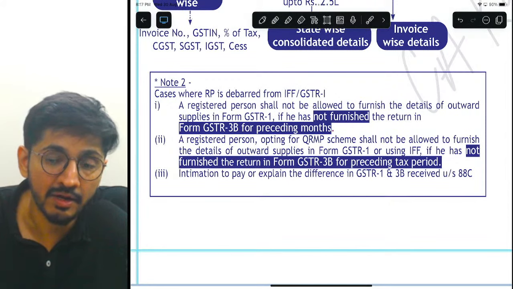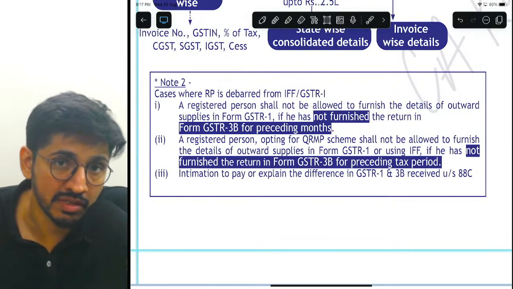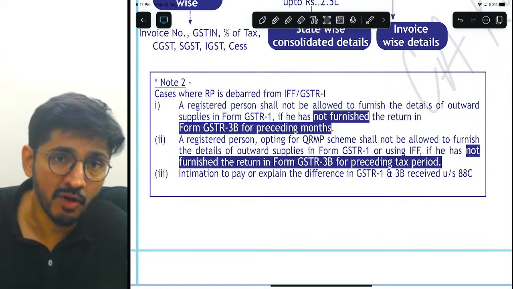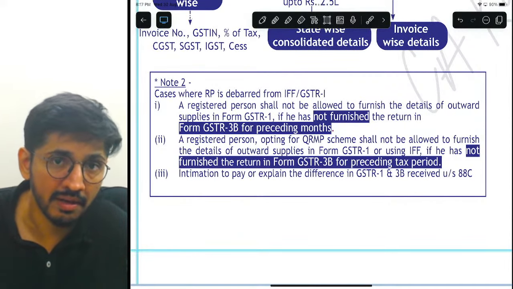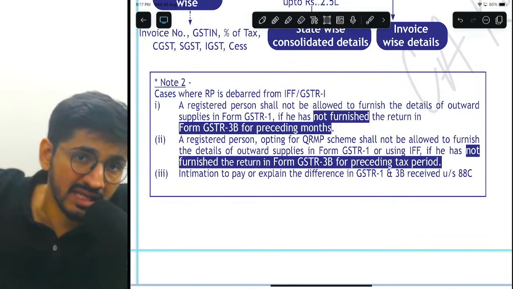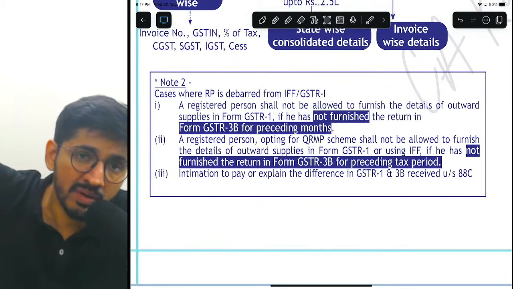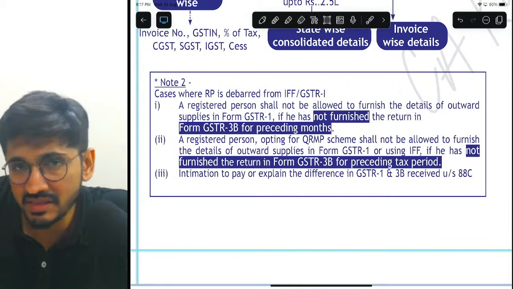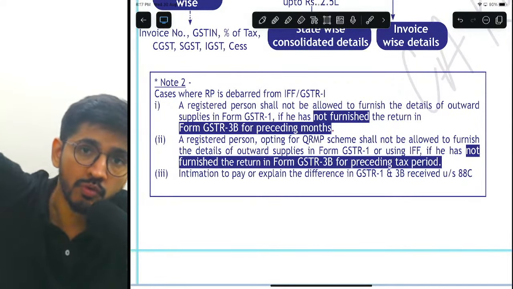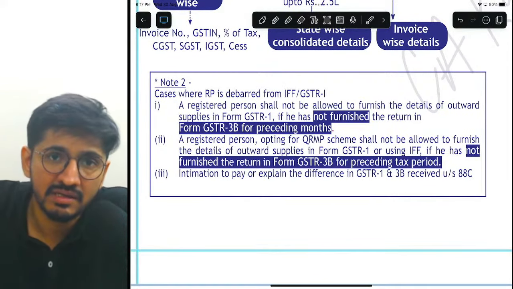So he will come behind you stating, what the hell? I have given you 1,18,000, and Mr. Karan, you have not filed GSTR 1. Because you have not filed GSTR 1, I can't see it in my 2B, and which is why I cannot take the ITC in 3B, because the inward supply in 3B and the inward supply in 2B should match, and it's not matching because of you. So my entire 18,000 is in waste.